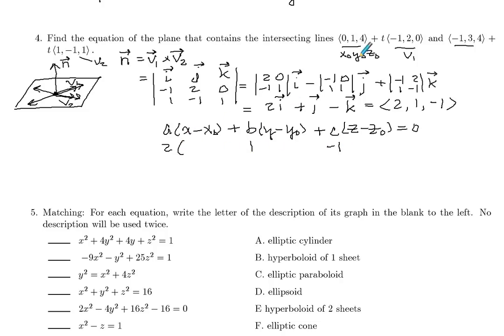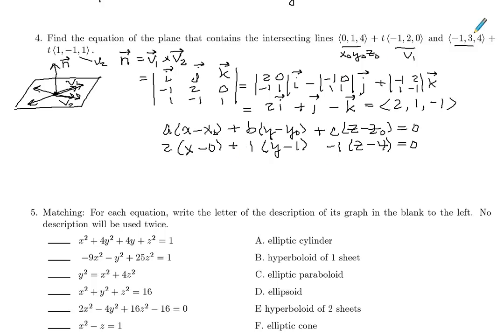And then our x0, y0, z0 is up here, so it's going to be 2 times (x minus 0) plus 1 times (y minus 1), and minus 1 times (z minus 4), equals 0. And then we can do some simplifying here if we want to. But actually on the exams I normally don't ask you to simplify because you're under a time pressure. So we could simplify this, but we have an equation.